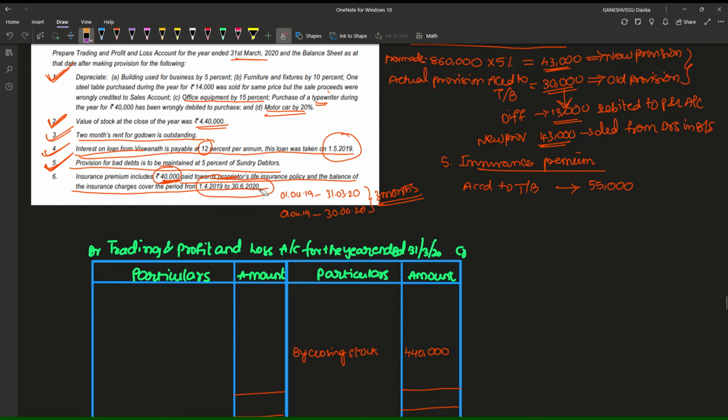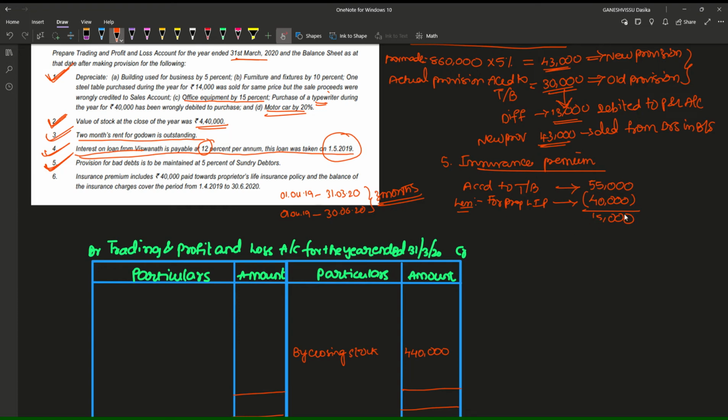So we need to deduct this from the insurance premium, that is not to be included here. We can write it here: less, for proprietor's life insurance policy, 40,000, because that does not belong to insurance premium.